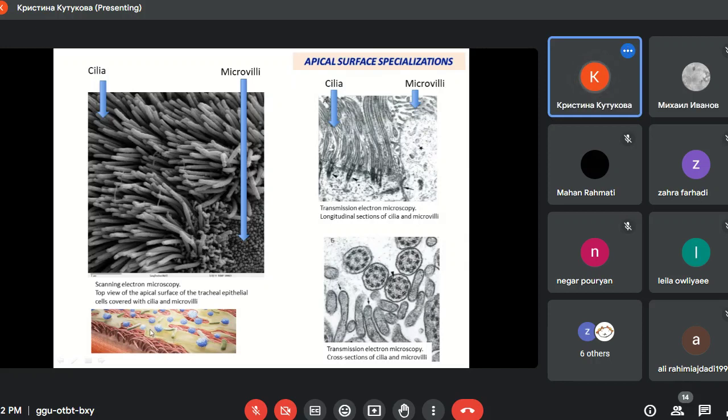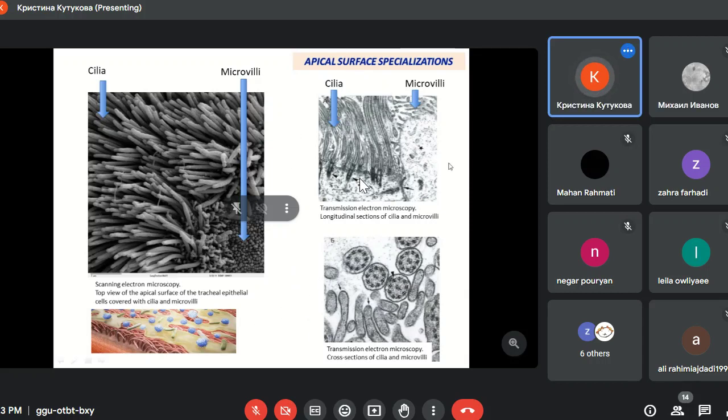So these dust particles, bacteria and viruses stick to sticky mucus covering the surface of the epithelium of trachea, and cilia beat together and move this mucus with trapped viruses and bacteria upwards from lungs towards pharynx. And finally in pharynx this mucus is swallowed or coughed out, etc.